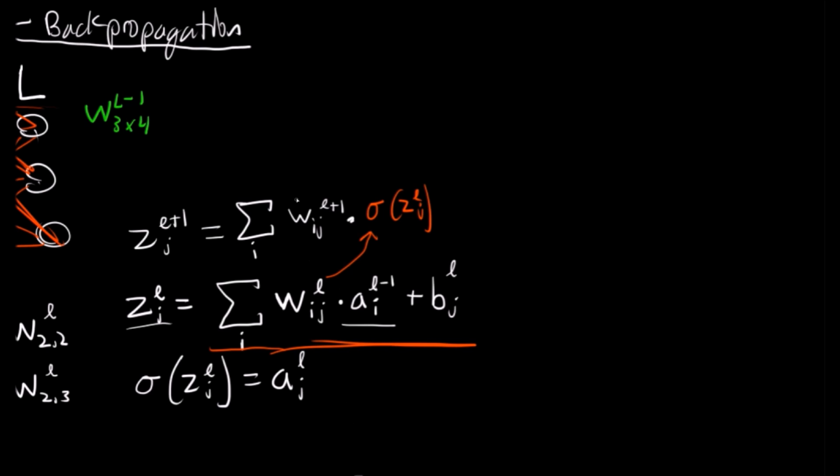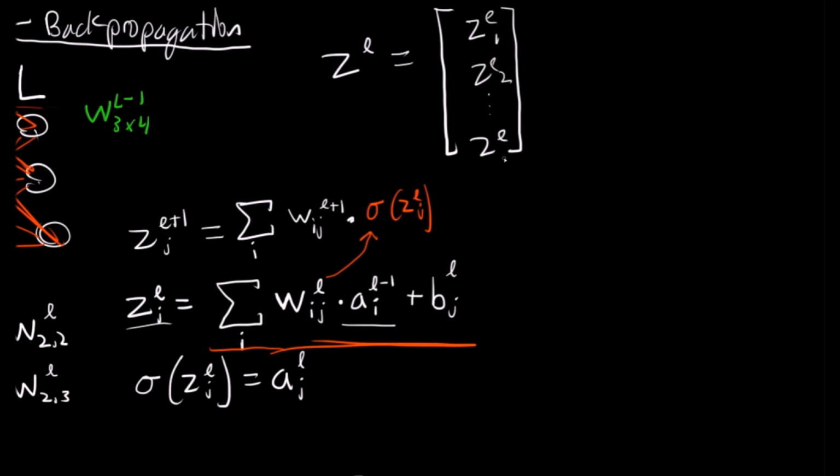So how is this going to work? Well, we're going to define a column vector Z^L for layer L, and that's going to include all of the inputs for that layer: Z^L_1, Z^L_2, dot dot dot, Z^L_J.